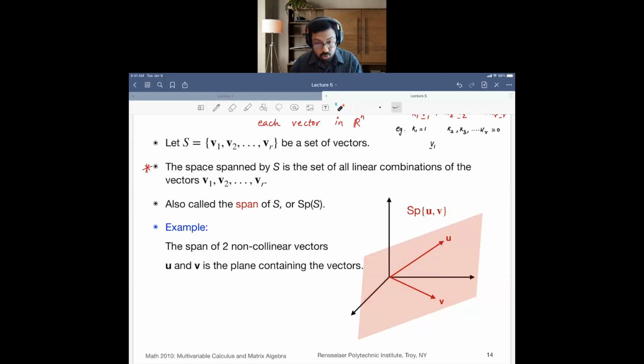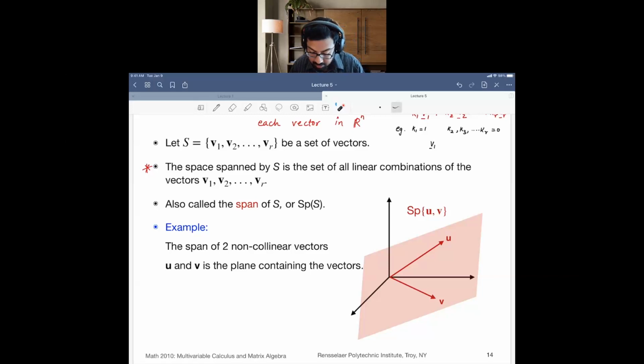U and V are also belonging to the span. So I'm using this particular plane over here to indicate that that is the plane that has both the vectors U and V. And U and V are non-collinear. You can see that they are not on the same line.